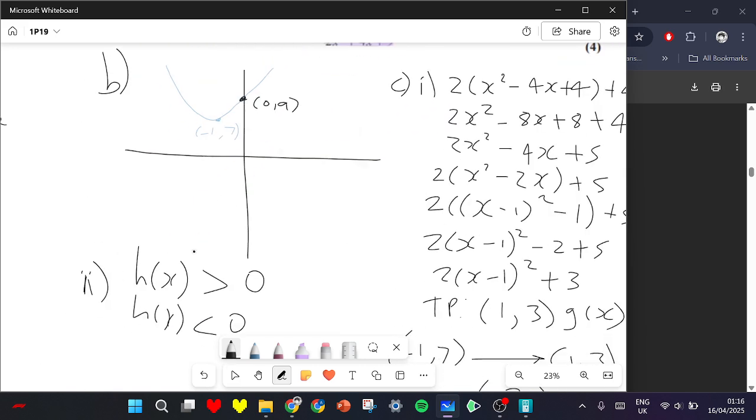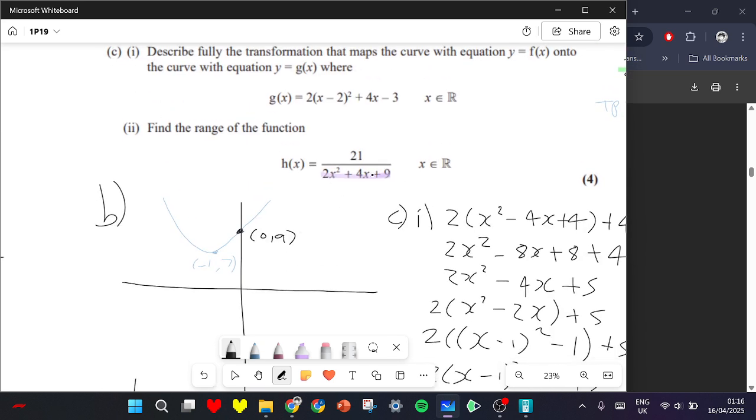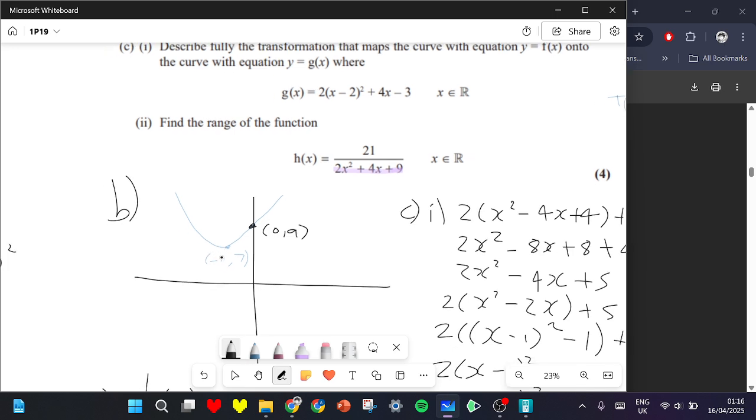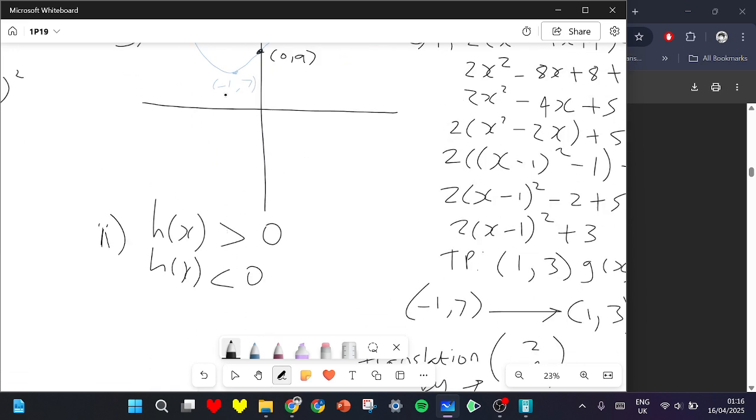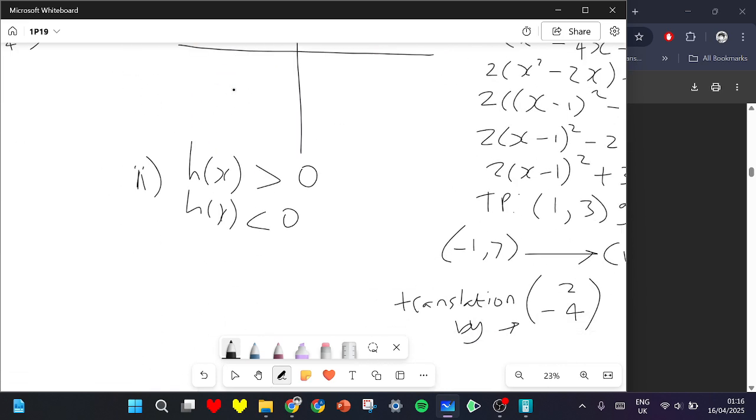And then to figure out if it's going to be more than 0 or less than 0, we need to figure out what's going on with the bottom. So we already drew the graph of what this one is, right? So it's this, and we can see that it has a minimum point when x is minus 1, and when x is minus 1, we get a y value of 7, right?